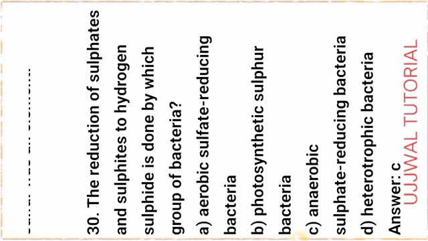Next question, question number 30. The reduction of sulfates and sulfides to hydrogen sulfide is done by which group of bacteria? Option C, anaerobic sulfate-reducing bacteria.